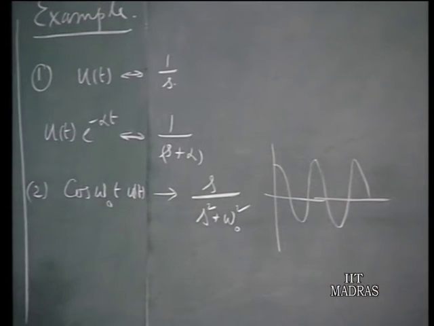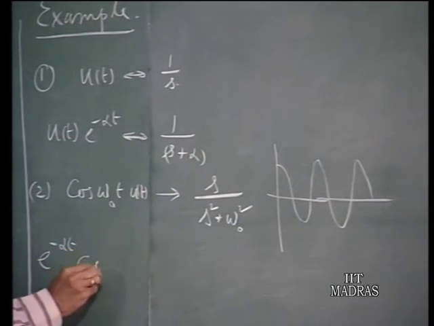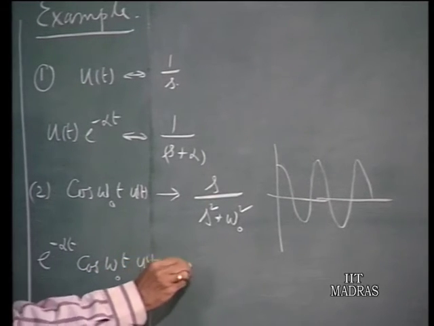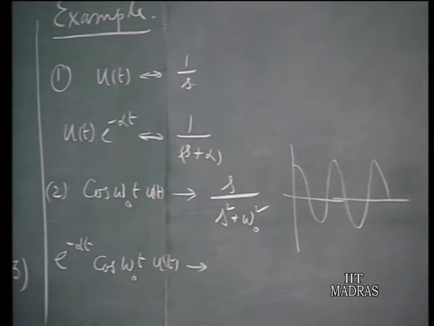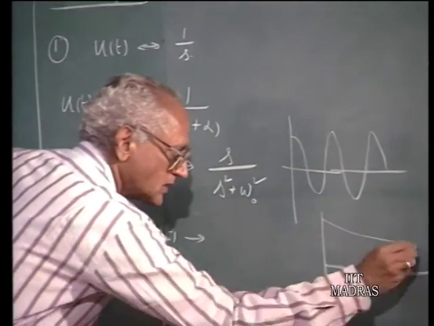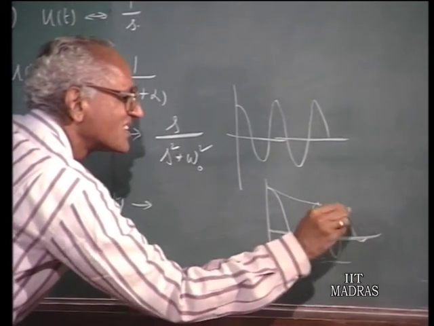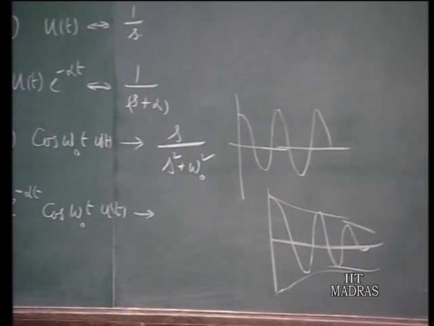On the other hand, suppose I take e to the power of minus alpha t cos omega naught t u of t. This particular time function is again oscillatory, but with decreasing amplitude depending upon the value of alpha. So, its plot would be, if this is the envelope, something like this, where the amplitudes decay as e to the power of minus alpha t.